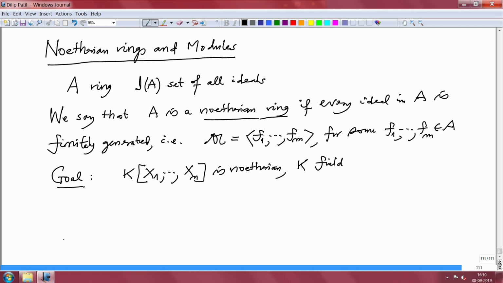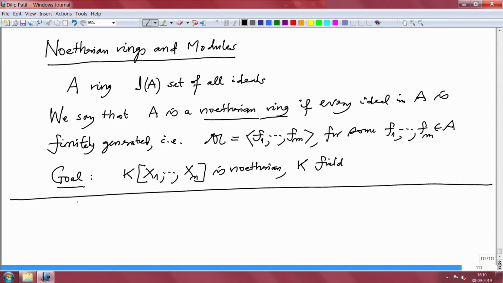For that I will first recall what is a Noetherian. This was a little bit of confusion earlier also. So, I would recall formally an ordered set (X, ≤). What does that mean?